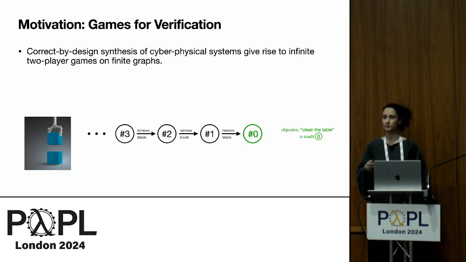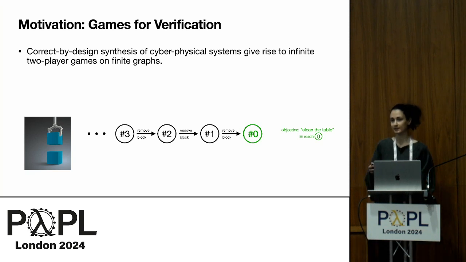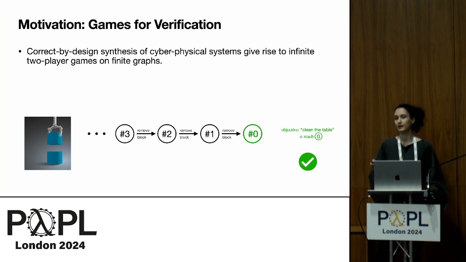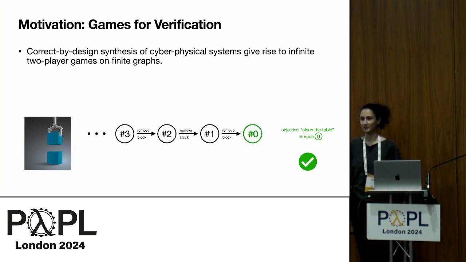If we ask whether the robot hand can win this game, or equivalently achieve the objective, then we get a positive answer because it's perfect, so after n many steps, the table will be clean. However, life is not usually as perfect, and robot hands are not perfect, and when they try to remove a block, they may fail to do so due to environmental uncertainty.